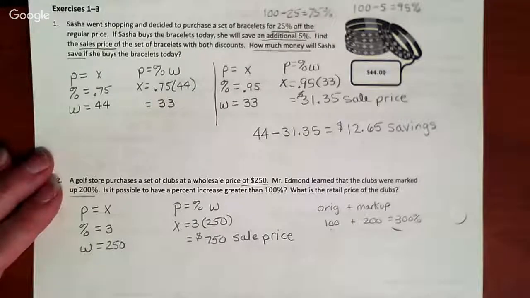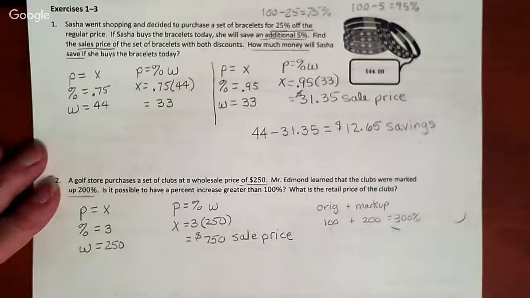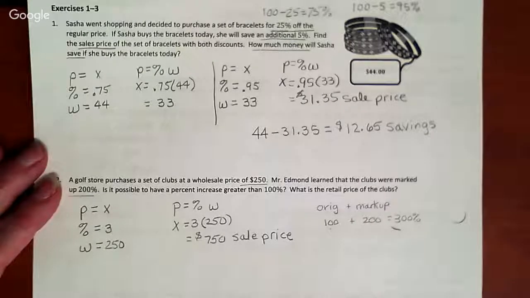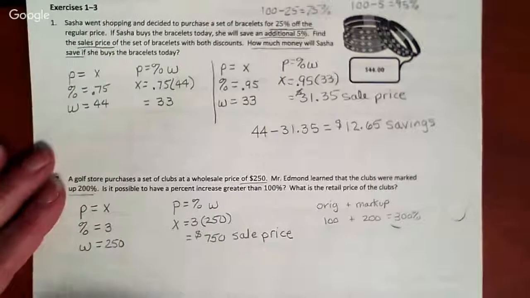It said, is a percent increase of a set of golf clubs from $250 to $750 the same as a markup rate of 200%? And explain. The answer is yes, it is the same.